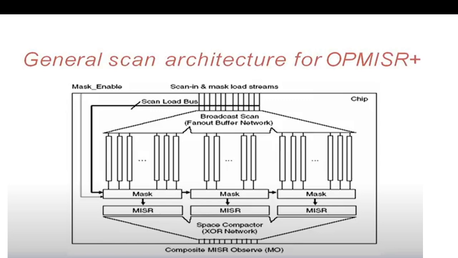The general scan architecture for this is like we have broadcast scan. So this is applied through these different scan channels, and we have an MISR and then a space compactor XOR network.